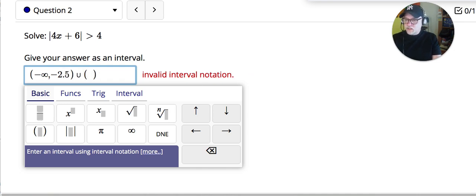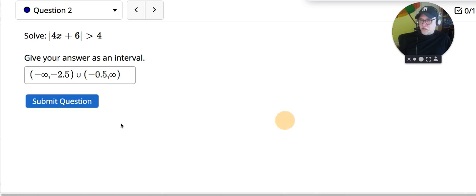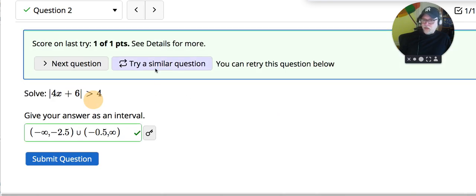And then I'm going to start off again at negative 0.5. Comma that, and I'm going to go on into positive infinity. That's telling me that everything to the left of negative 2.5 is true, but everything to the right of negative 0.5 is also true. And I think that's my entire statement here. Submit it, and we got that right. Okay, I'm actually feeling good about this now.